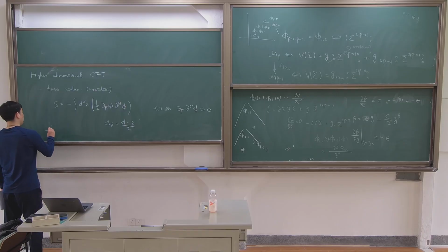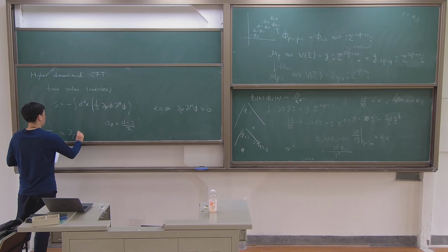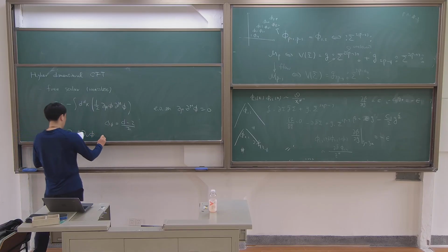And this T mu nu is given by a usual calculation. It's given by this way.